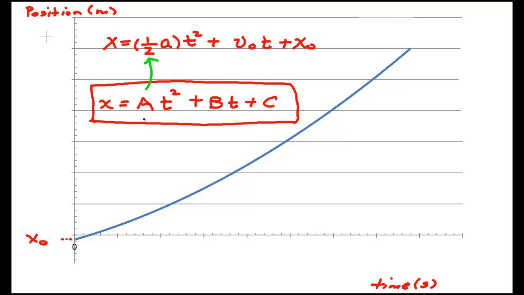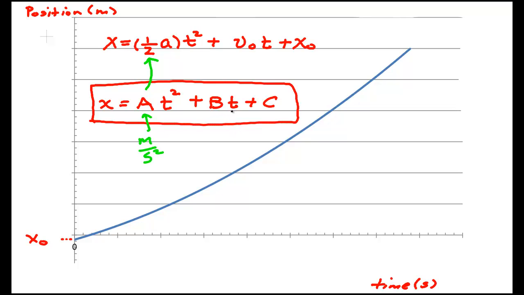In free fall, this a would be 4.9, and when you multiply by 2, you would get the acceleration of 9.8 meters per second squared. Notice also the units have to be right. The units of this, when multiplied by second squared, has to give you meters. So this coefficient has the units of meters per second squared.